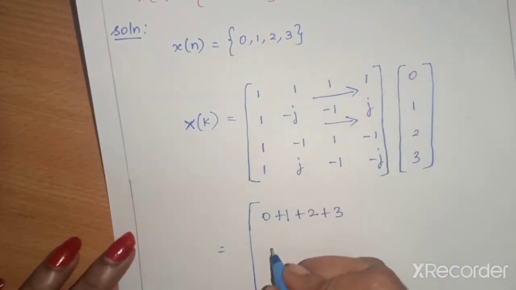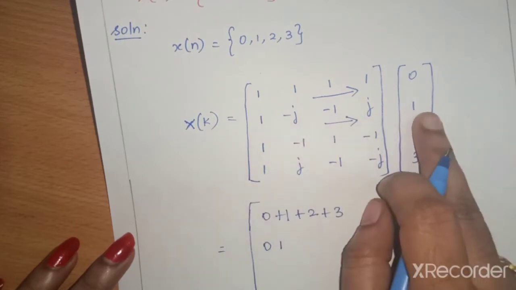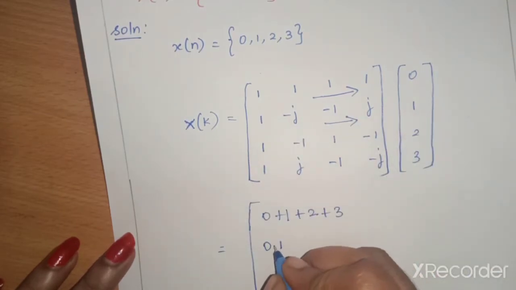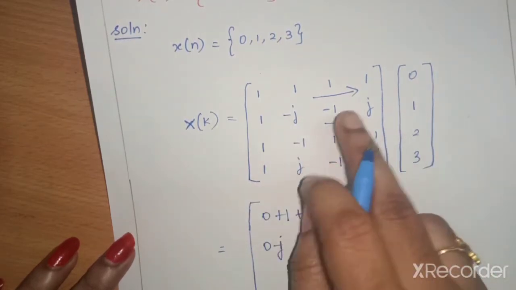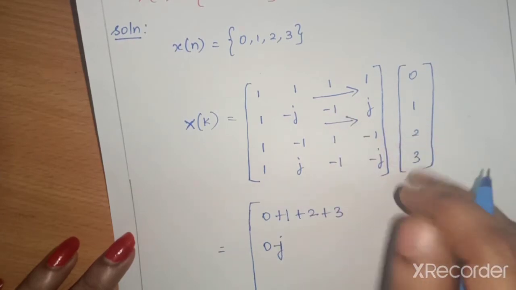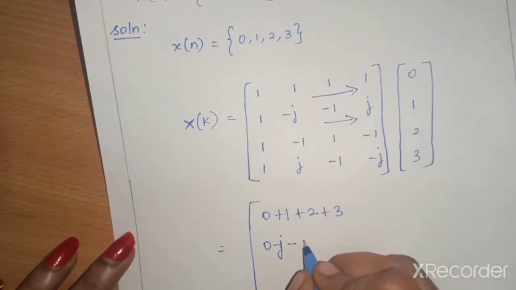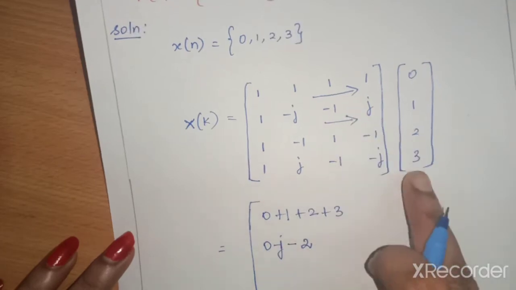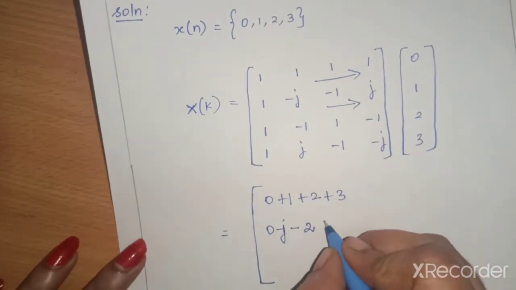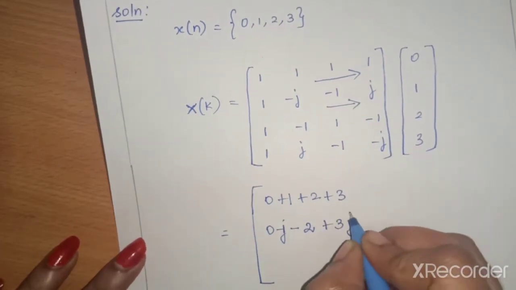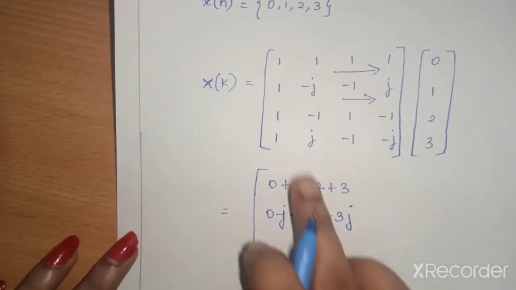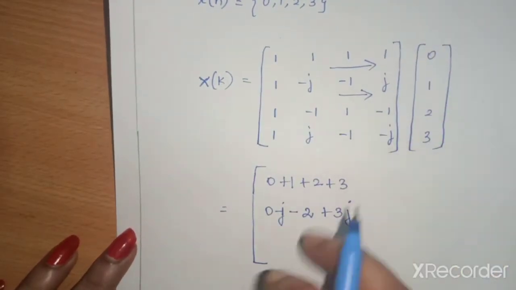So 1 into 0, 0, minus j into 1, minus j, and then minus 1 into 2, minus 2, then we have j into 3, plus 3j.